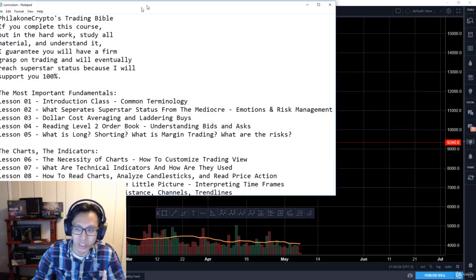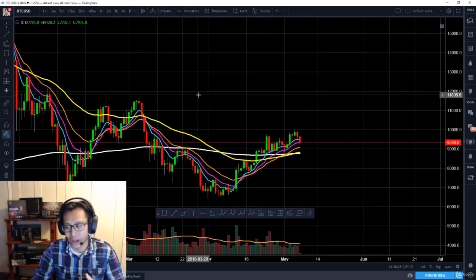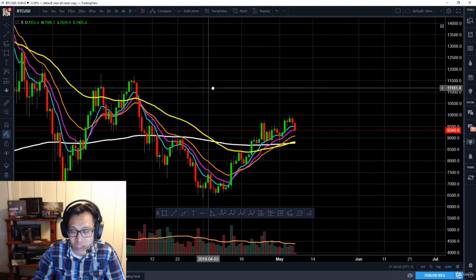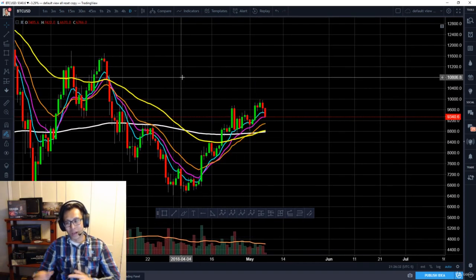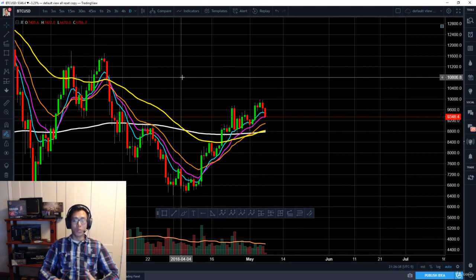But just to give you a quick introduction, if you take a look at the daily time frame, and you also see 4-hour time frames, guess how many 4-hour candles make up a daily candle? It would be 6, right? Because it takes 6 4-hour candles to make up a single daily candle.